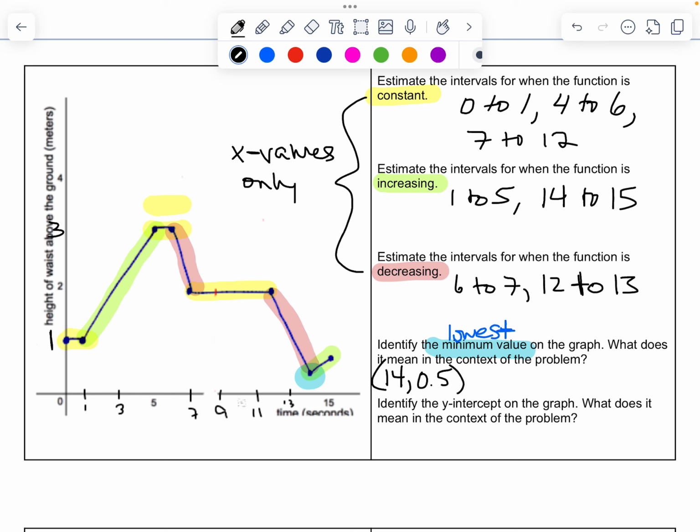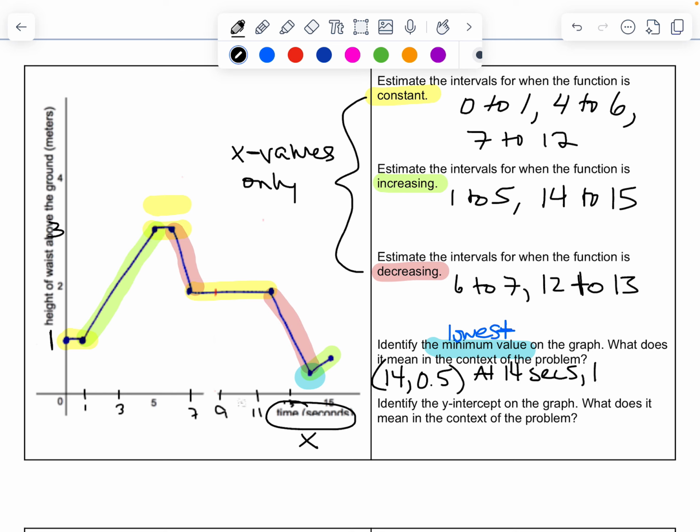There we go. So in this situation here, the x value is time, in seconds, and the y value is the height of the waist above the ground. So our lowest value here is hitting at 14 seconds. So at 14 seconds, what's happening here?